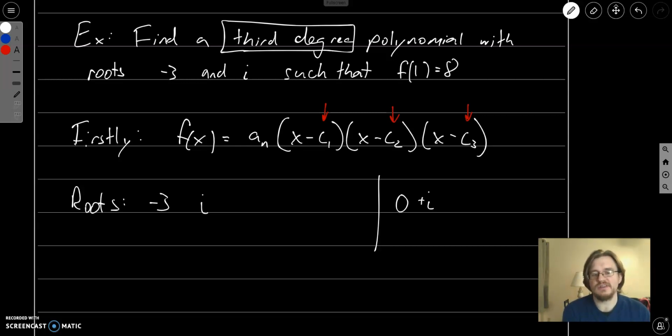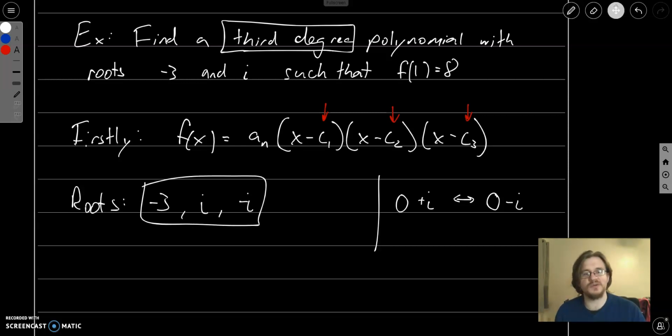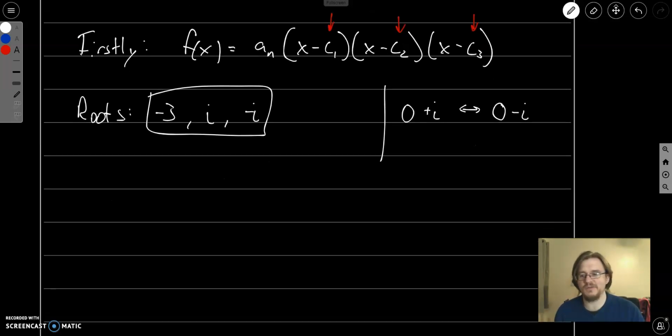If this is a root, the complex conjugate of the root, which would be 0 minus i, is also a root. Complex roots always come in pairs. One where I'm adding the imaginary part and one where I'm subtracting the imaginary part. So if i is a root, then so is -i.